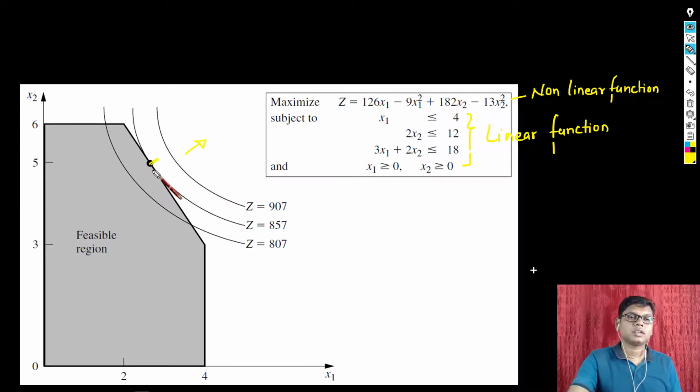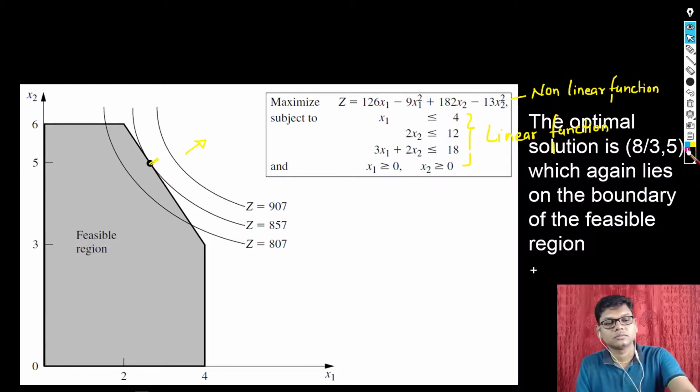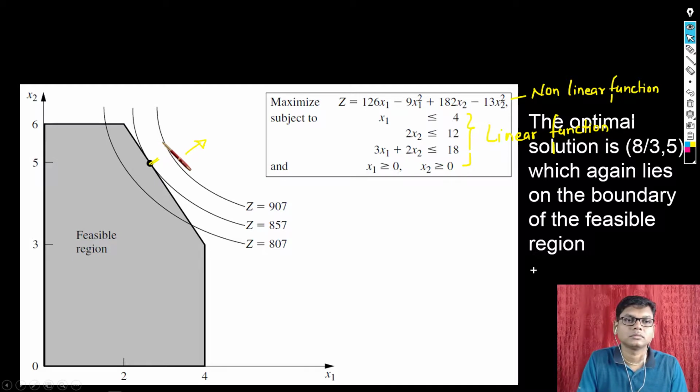Okay, and what is that point? So here we have the solution: 8/3 and 5.